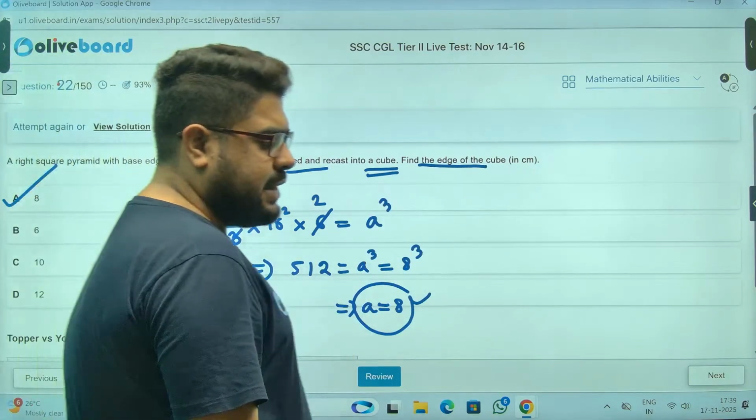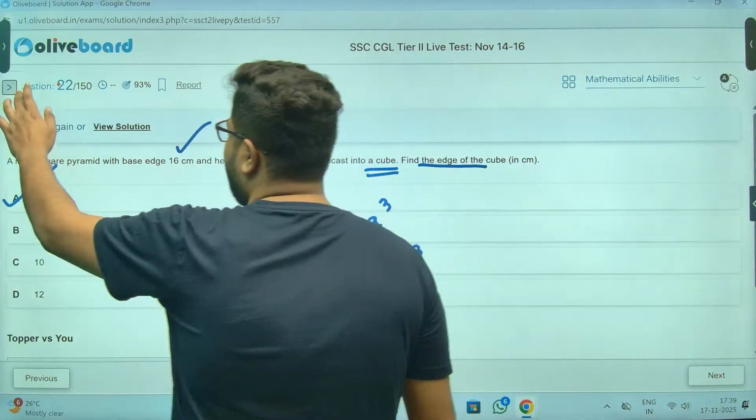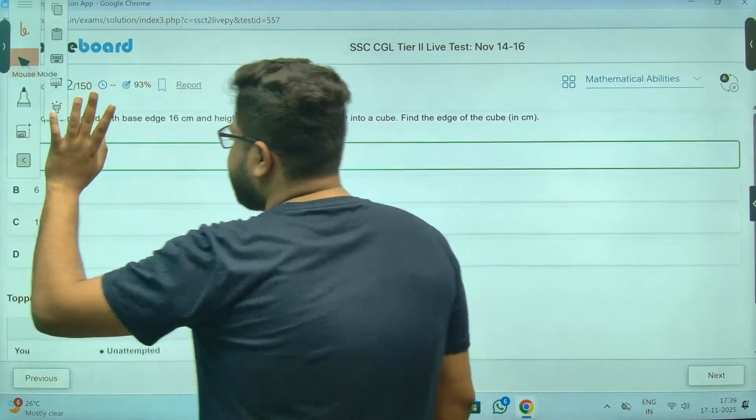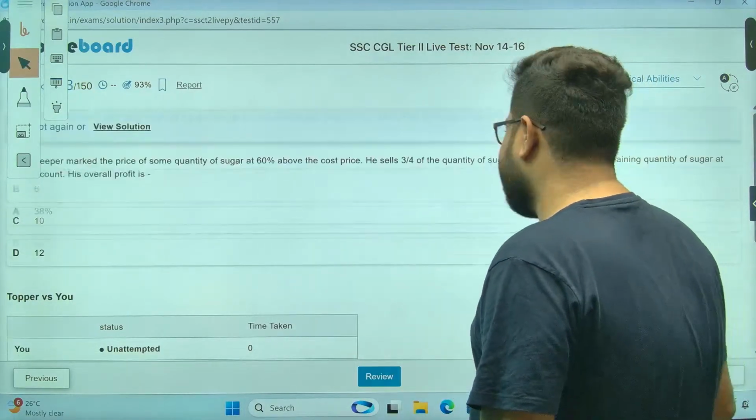Very simple. Option A is the answer. One line only. You can only get in trouble if you don't know the pyramid formula.